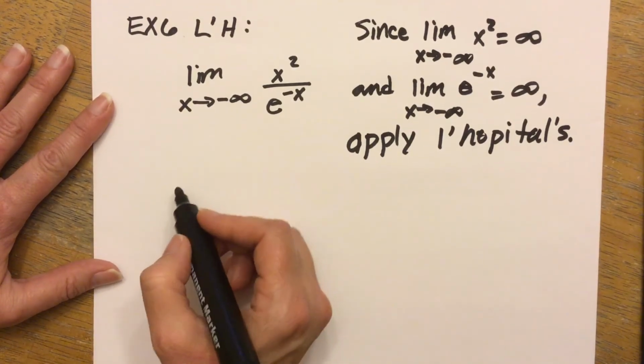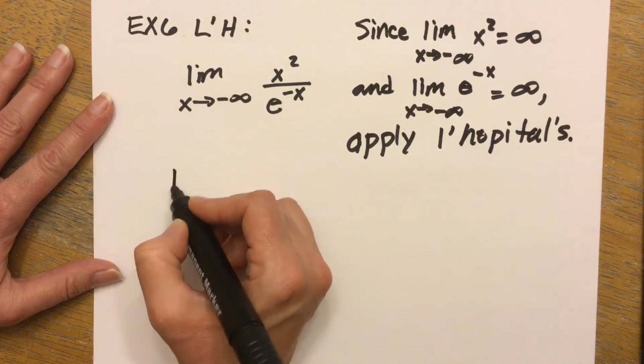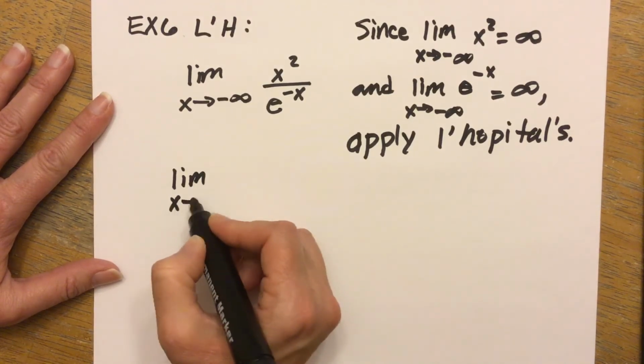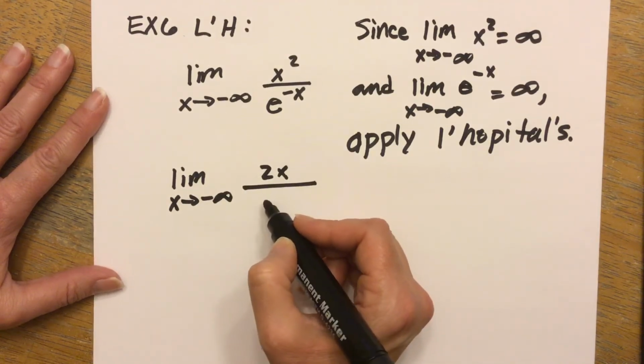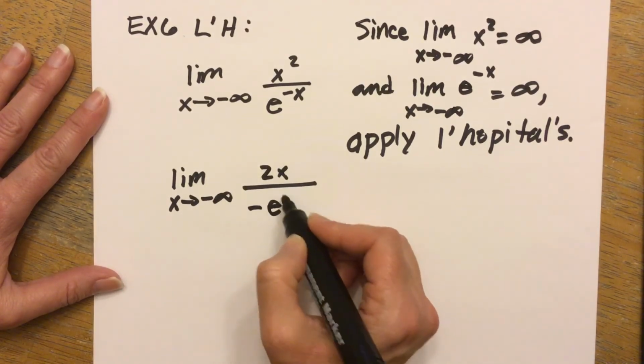So doing the derivative of the top, not real difficult, is 2x. The derivative of the bottom, don't forget chain rule, is negative e to the negative x.